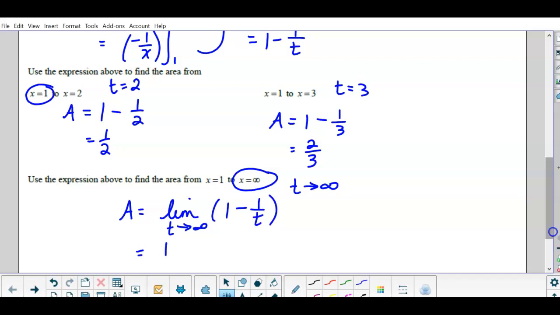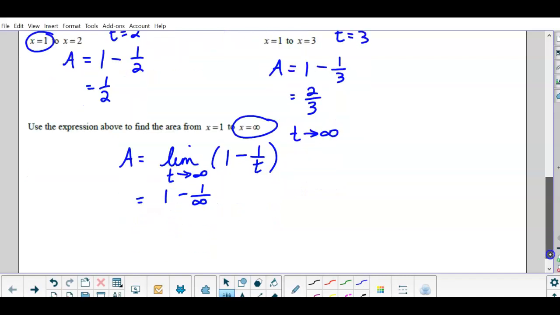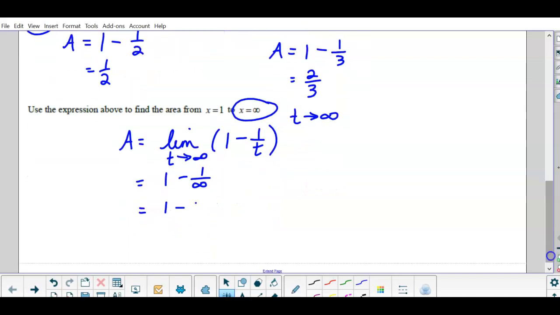We know if the denominator is approaching infinity and the numerator is a constant, that's going to be 1 over infinity, which is basically 0. So the result is 1. The area under the curve 1 over x squared, from 1 to infinity, is equal to 1.